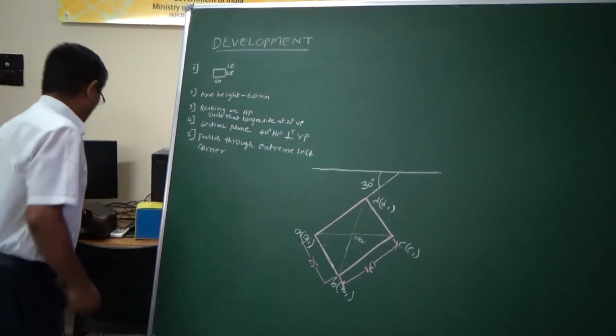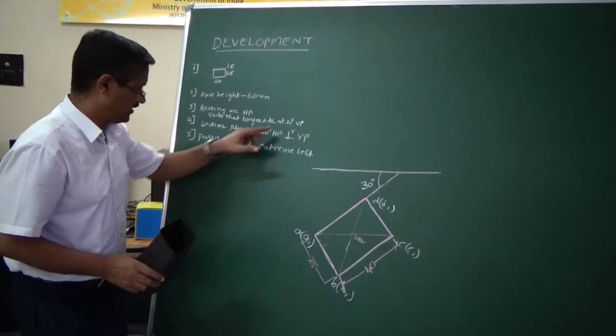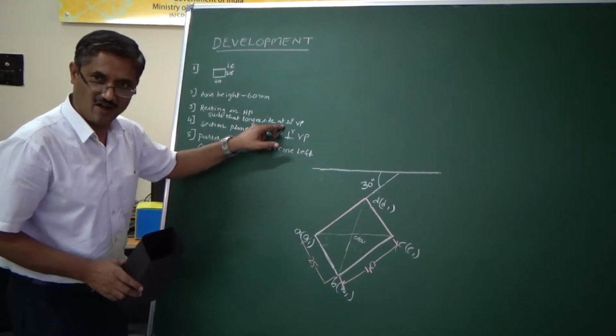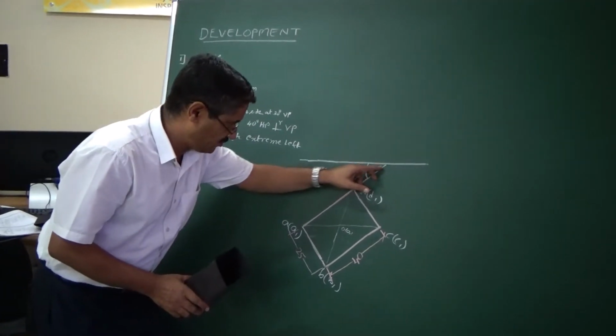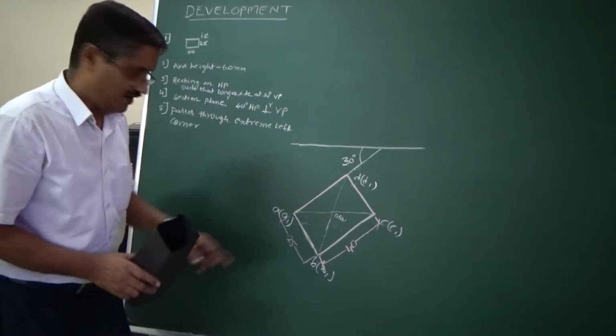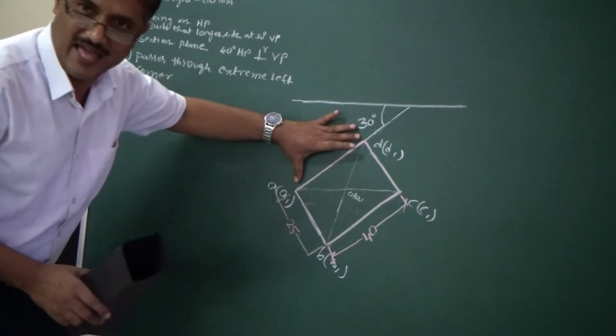Now when the solid rests in the given condition, that is, the longer side at 30 degrees to VP, you draw a line at 30 degrees and take the longer distance, 40 mm, on this line.